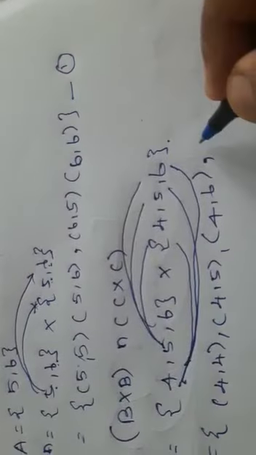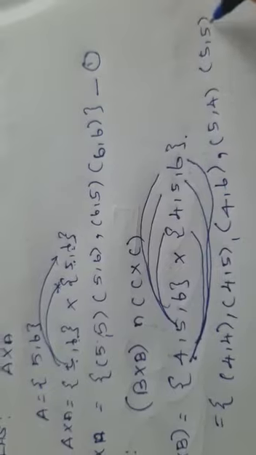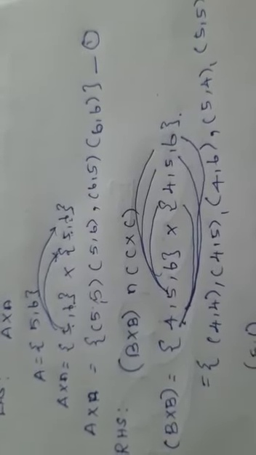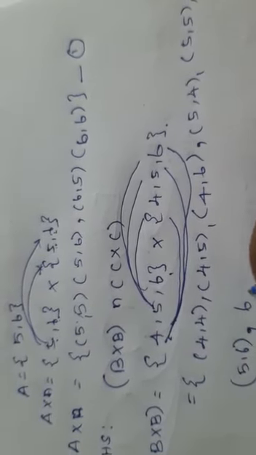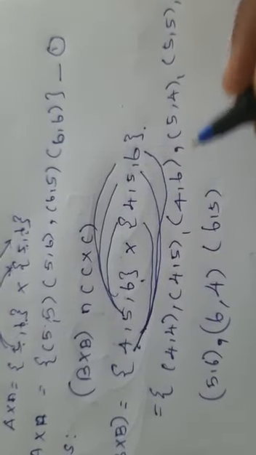That is (5,4), (5,5), (5,6). Next take the third element, that is 6. So (6,4), (6,5), (6,6). This is for B cross B.